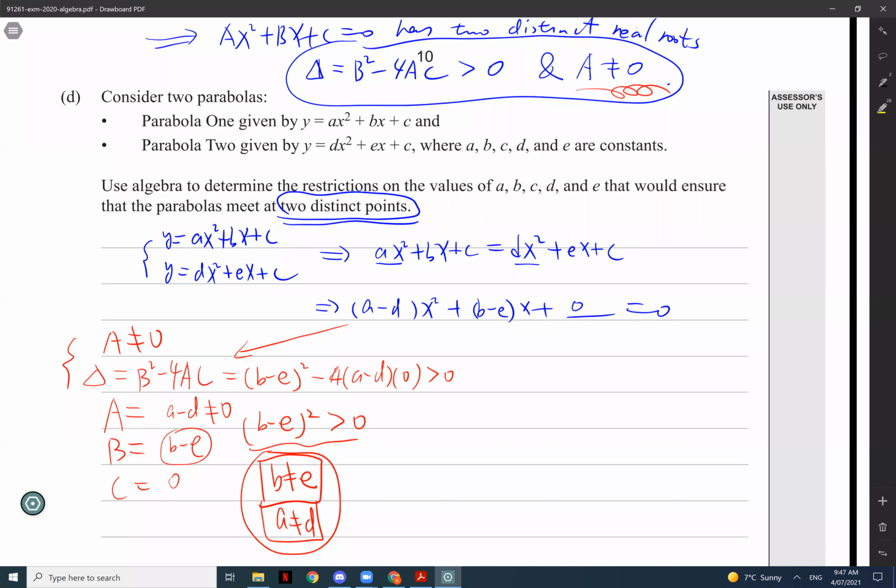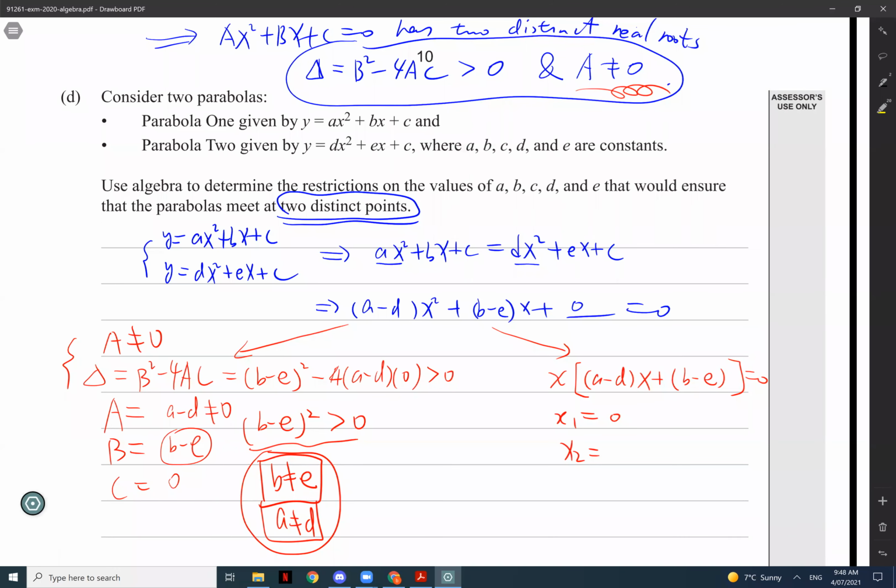The other way. This question, we can solve it because if you take out x, (a minus d)x plus (b minus e) equals 0. x1 is just 0. What's x2?